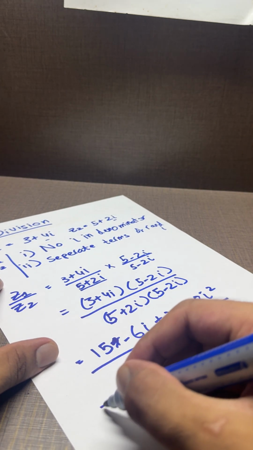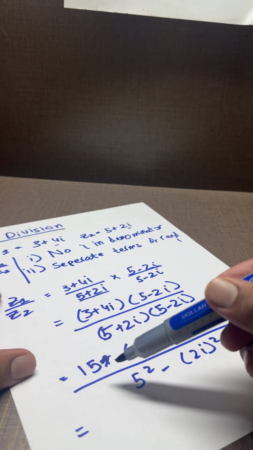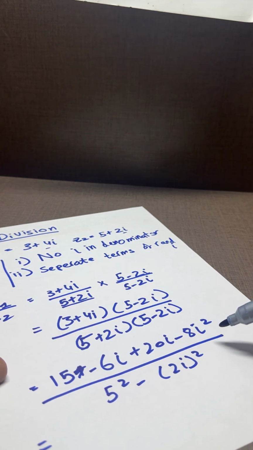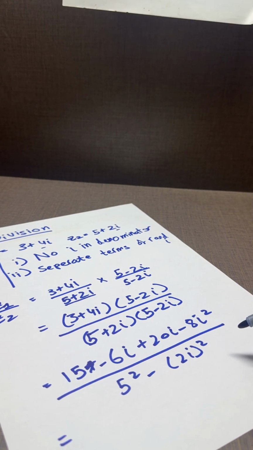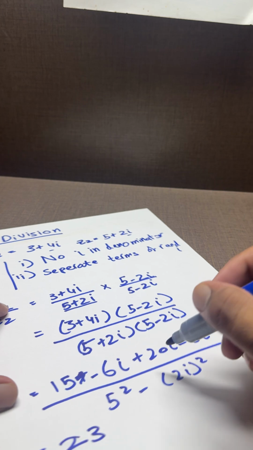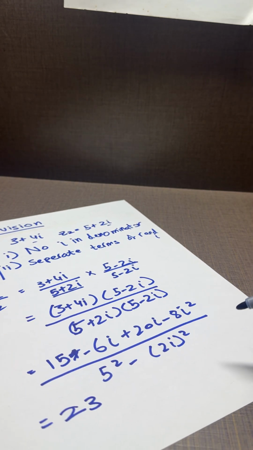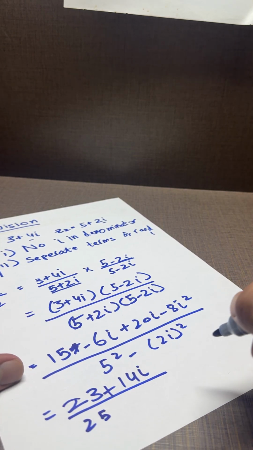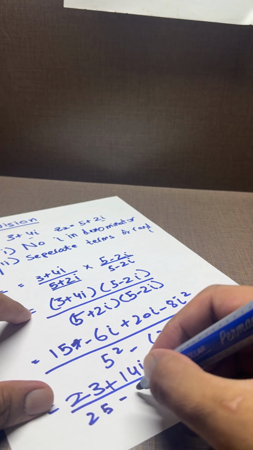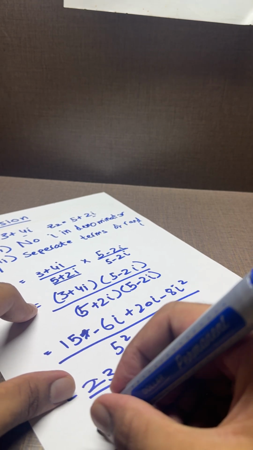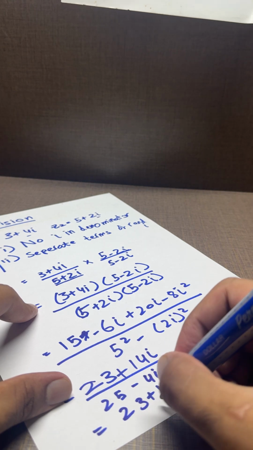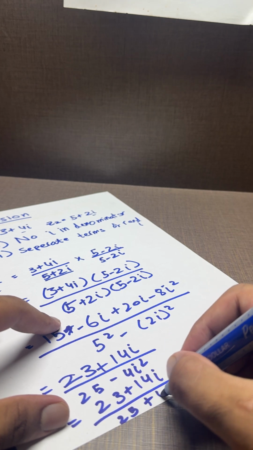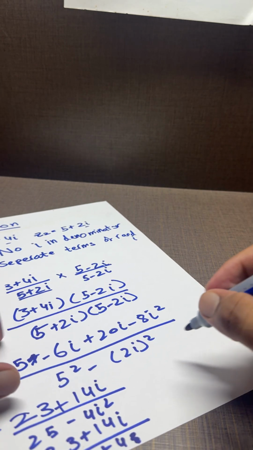Okay, so first of all, now let's gather the like terms together. 15, and this would be minus 8 into minus 1, which would be plus 8 because i squared equals minus 1. So 15 plus 8 would be equal to 23, and then we would have minus 6i plus 20i, which is plus 14i, and in the denominator we would have 25 minus 4i squared, and i squared would become minus 1, so the denominator would be 25 plus 4, which will be 29.